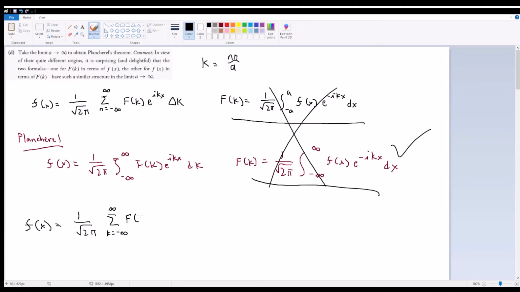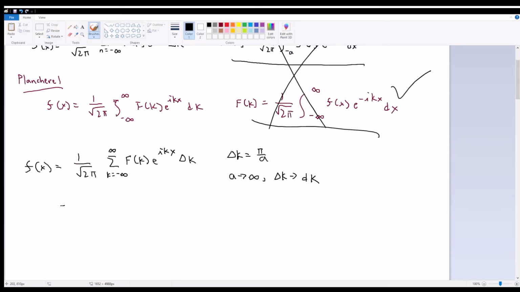Then we have f of k times e to the ikx times delta k. Now, what happens here if a goes to infinity? Because delta k is equal to pi over a. So if a goes to infinity, then delta k is going to approach an infinitesimal element, because a is just going to get larger and the pi stays the same, so this gets smaller and smaller. Delta k can be rewritten just as dk, effectively.